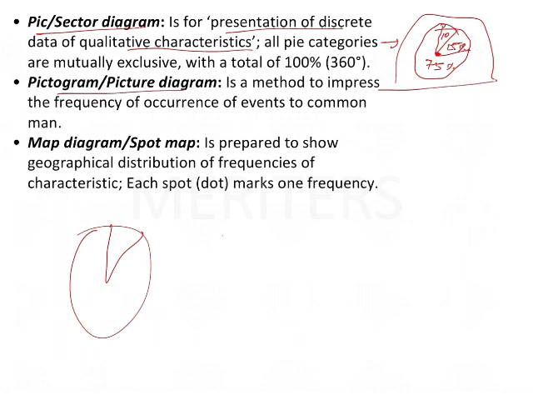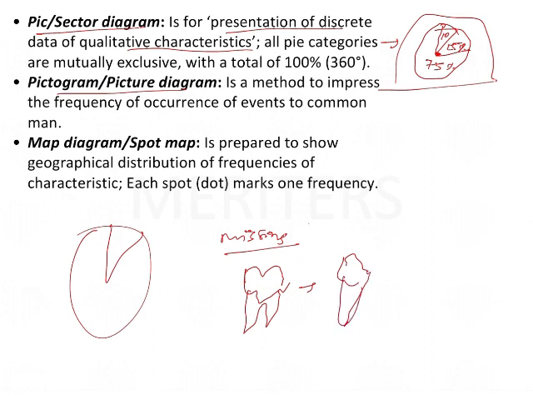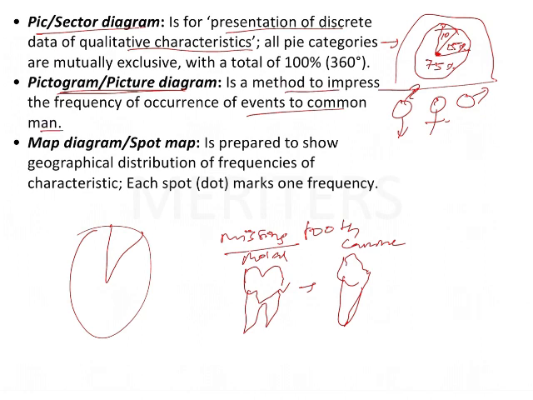Pictogram, like the name itself says, is a picture. For example, for missing teeth data, they will draw a molar, assume this is a molar, and a canine, whatever teeth. For example, how many males there are, they will draw the male figure, and how many females, they will draw the female figure.